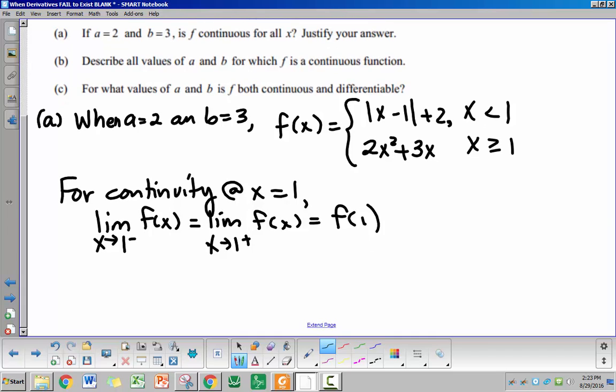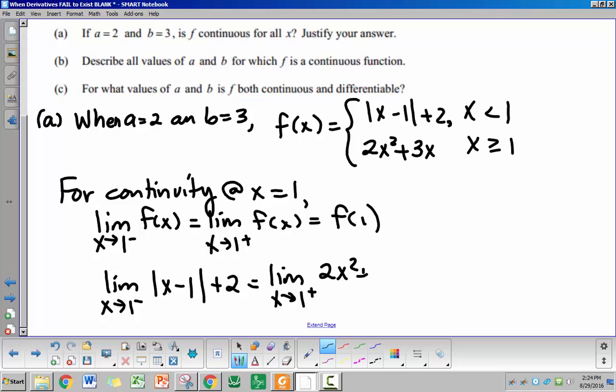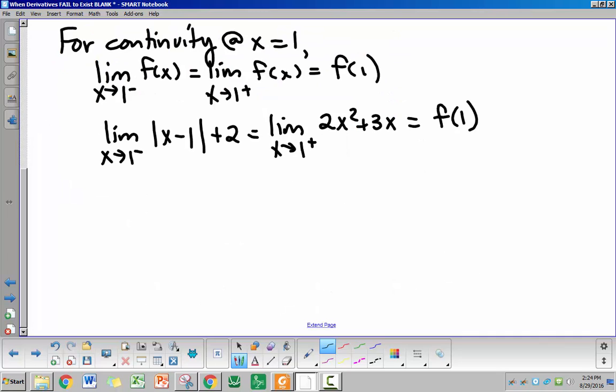So what happens here? Which piece am I going to use? The limit as x approaches 1 from the left. That's going to be the absolute value of x minus 1 plus 2, has to equal the limit as x approaches 1 from the right of 2x squared plus 3x, has to equal f of 1. Can I take the limit on the left here? I just use substitution.